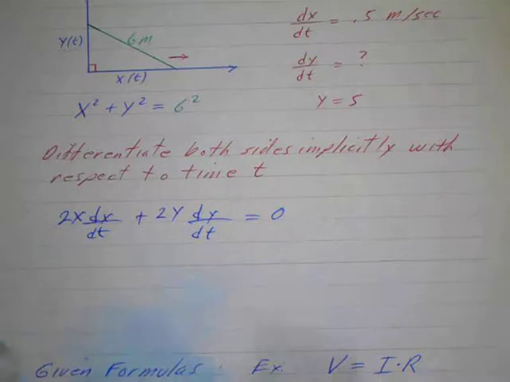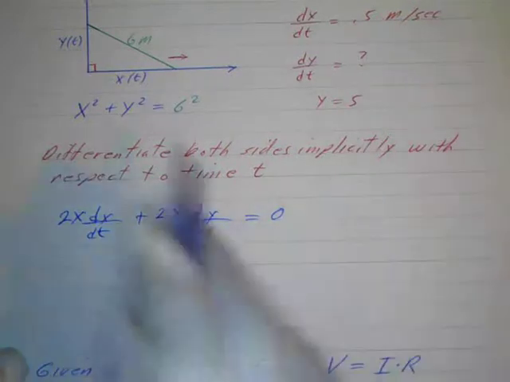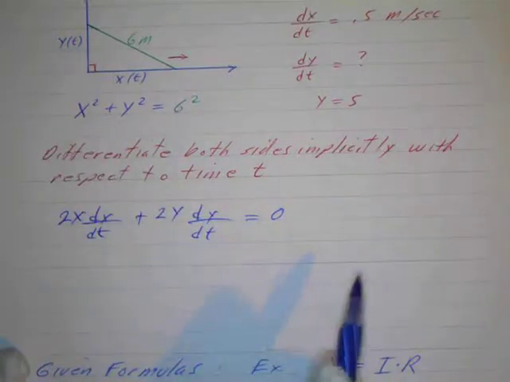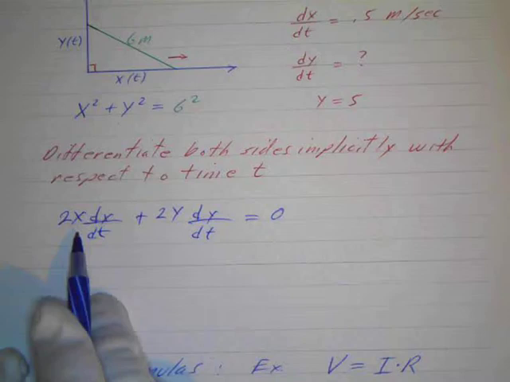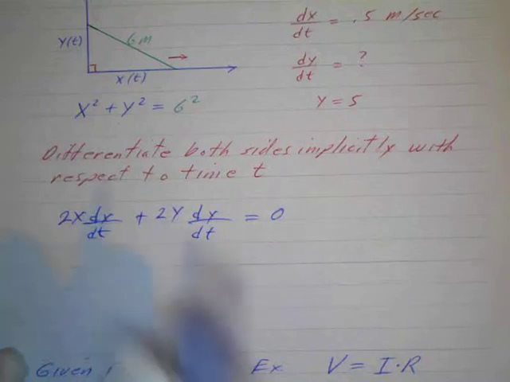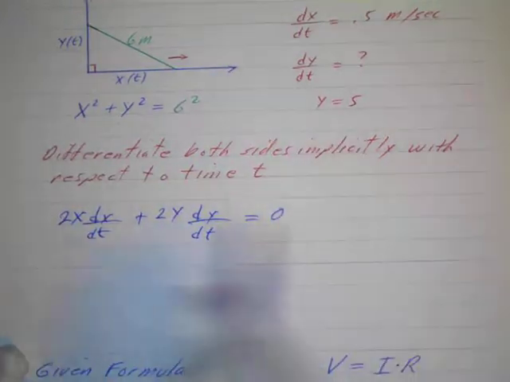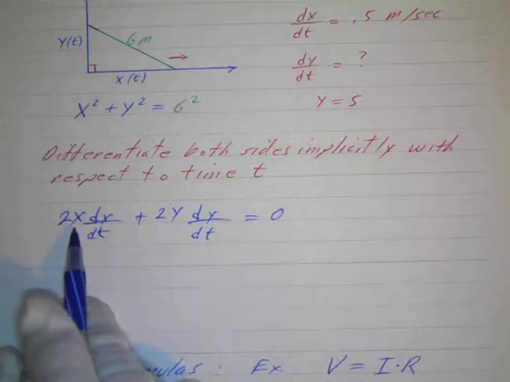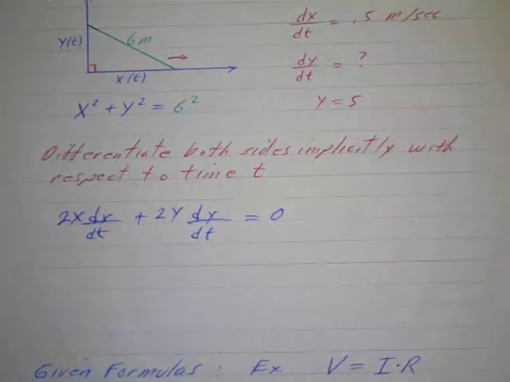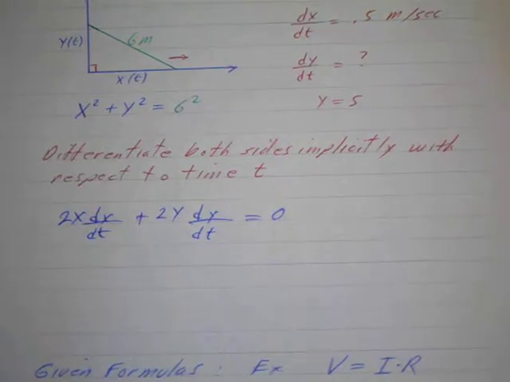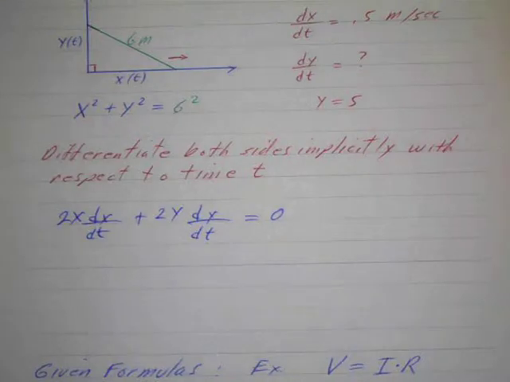And we'll go about solving this. The thing is, we'll have to use another right triangle to find out what x is because we know what y is. But we know what dx dt is, and we're looking for dy dt. So I have to use another triangle to find out what this x is.